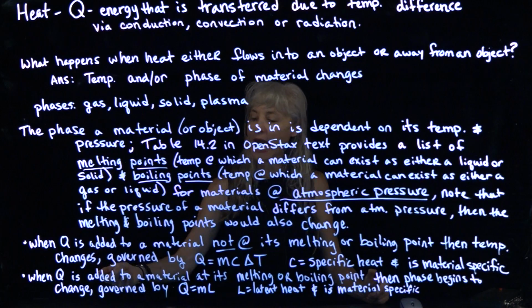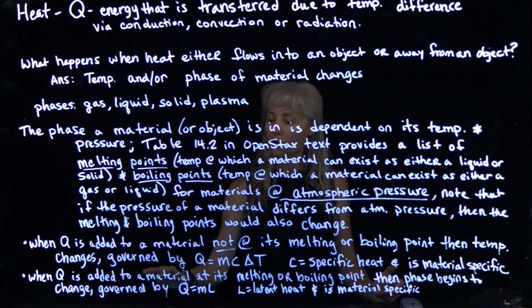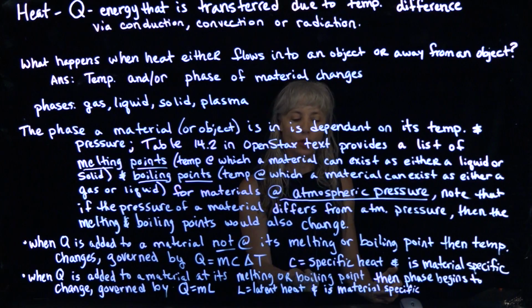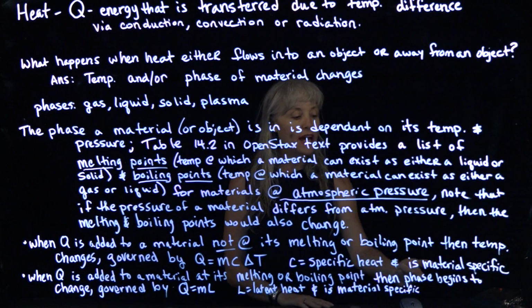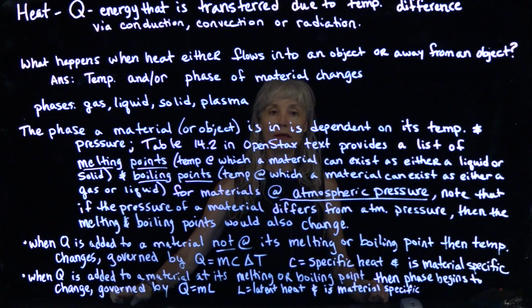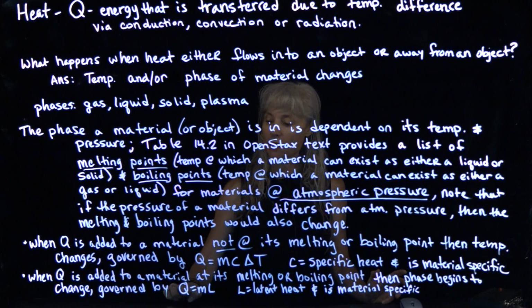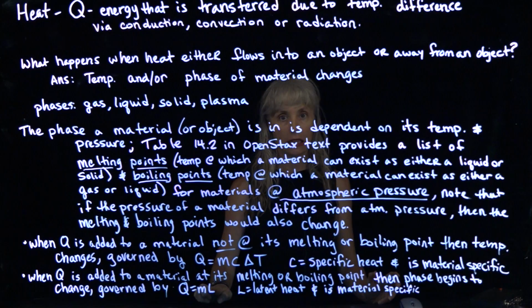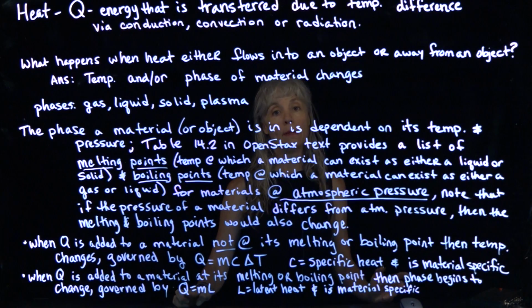If heat is added or removed from a material at its melting or boiling point, then the phase changes. And that phase change is governed by the equation Q is equal to mL. Q is the amount of heat that you're either adding or removing from the material. M is the mass of the material.